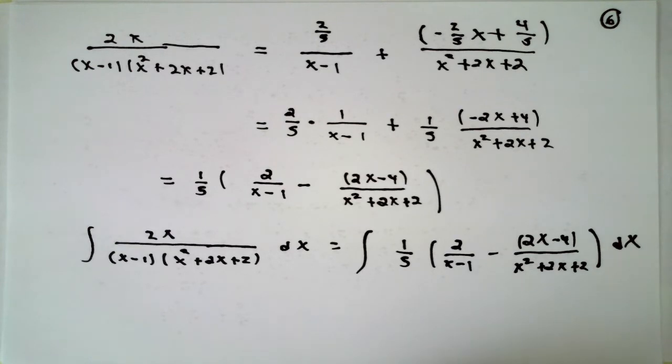So, having taken advantage of this, the integral of 2x over x minus 1 times x squared plus 2x plus 2 with respect to x is the same as integrating a constant times 2 divided by x minus 1, which is easy to integrate, minus 2x minus 4 over x squared plus 2x plus 2, which hopefully will not be too difficult to integrate.